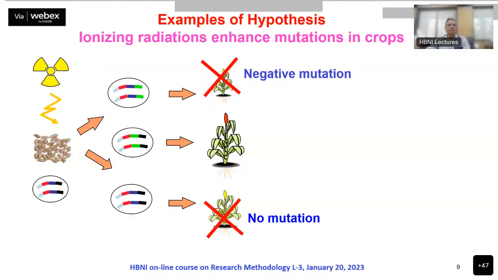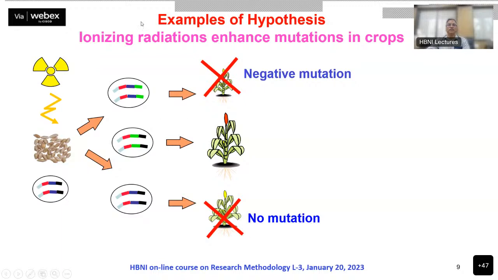So an experiment is done. What experiment is done? You take wheat grains and irradiate them with gamma radiation up to a particular dose. The gamma radiation may cause some genetic changes in the DNA, and then you sow the irradiated seeds in the fields and observe the plants.